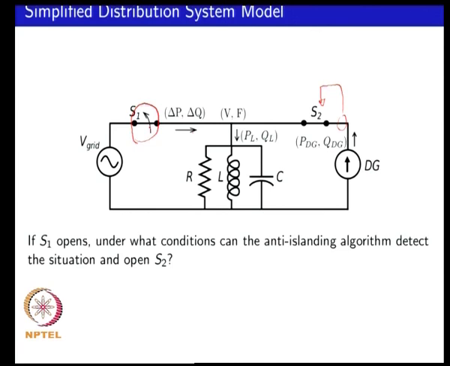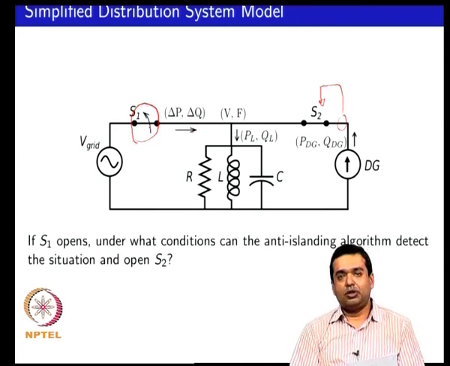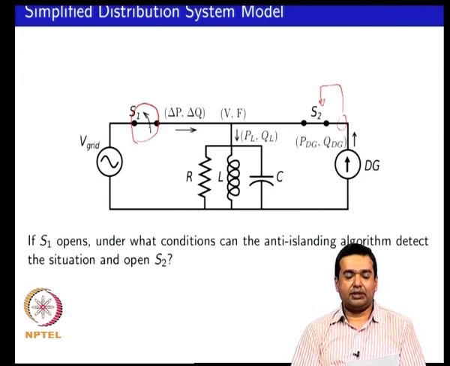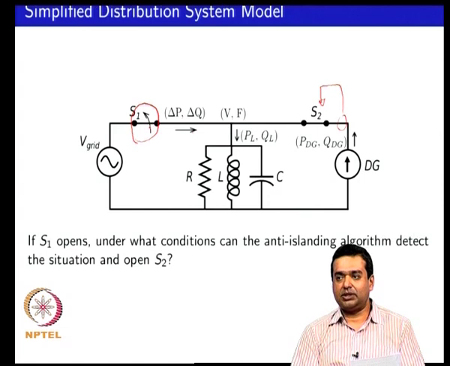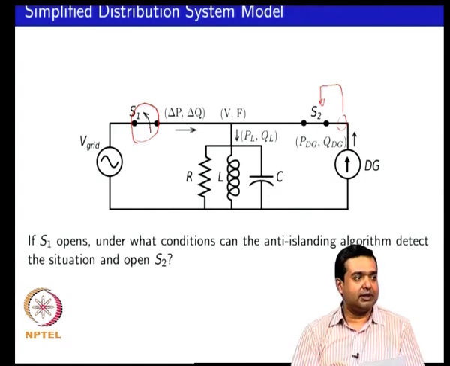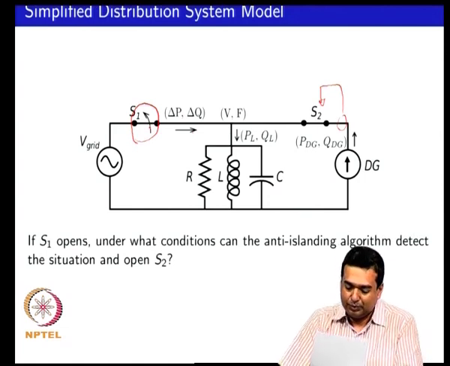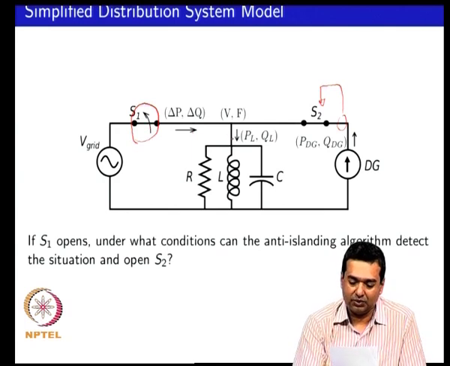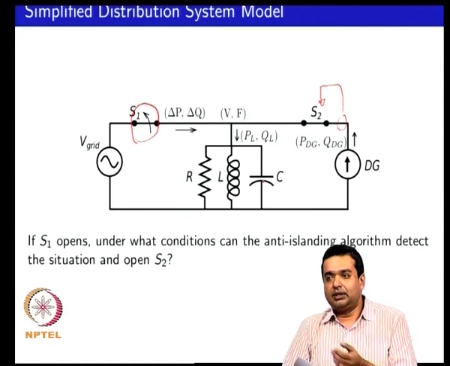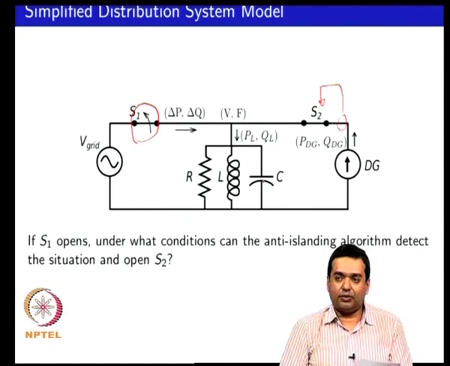And if the current through a switch is 0, it becomes difficult to say whether the switch is actually carrying 0 current or whether the switch is actually open circuit, because the current is anyway 0. And the voltage over here would continue to oscillate because you have a resonance circuit which can continue to oscillate for a long time.